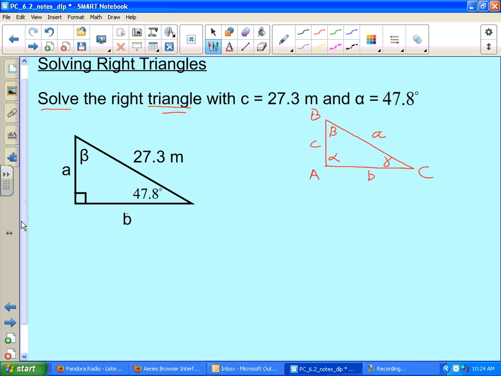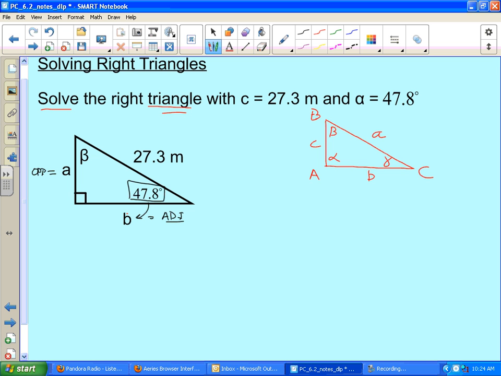Let's start by considering the angle. That 47.8 angle tells me that this side is the what side? Is that the adjacent side? Yeah, that's the adjacent side. And then that means automatically this one is the opposite side.